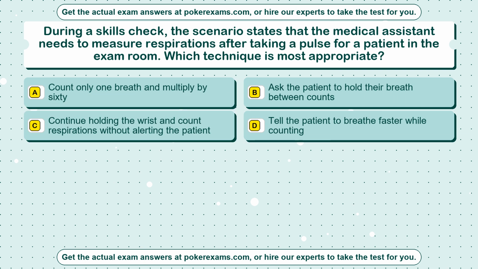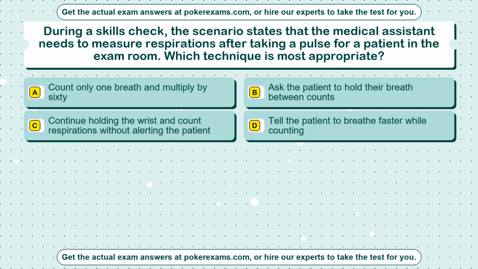Question 43. During a skills check, the scenario states that the medical assistant needs to measure respirations after taking a pulse for a patient in the exam room. Which technique is most appropriate? Option A. Count only one breath and multiply by 60. Option B. Ask the patient to hold their breath between counts. Option C. Continue holding the wrist and count respirations without alerting the patient.